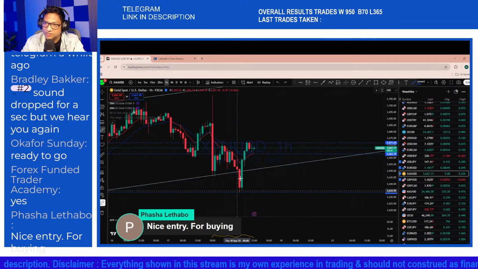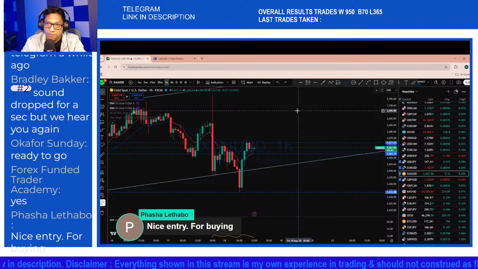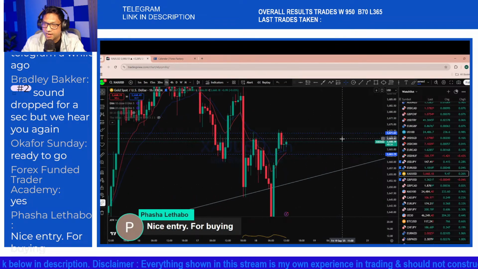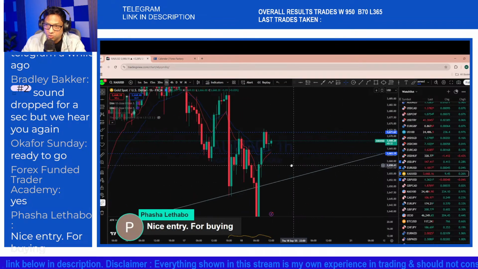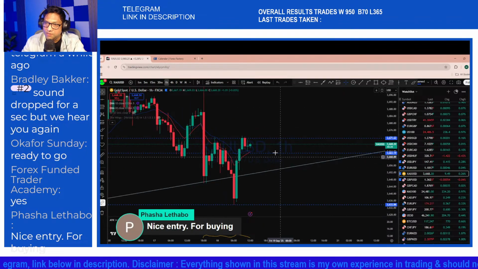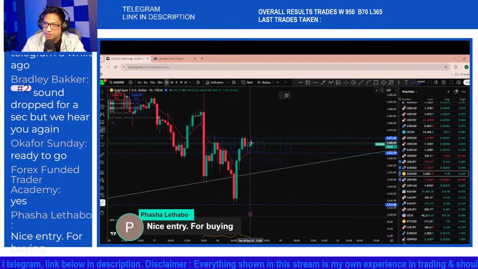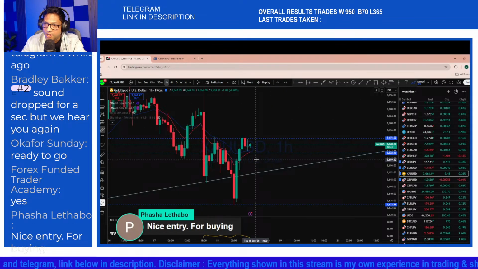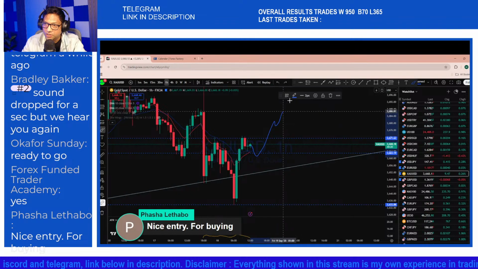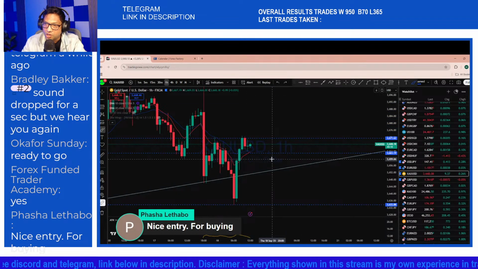You can see that this is a massive bullish impulsive move back to the upside on gold, and with this impulse, we are looking for the market to pull back and then return again to the major direction of the trend.